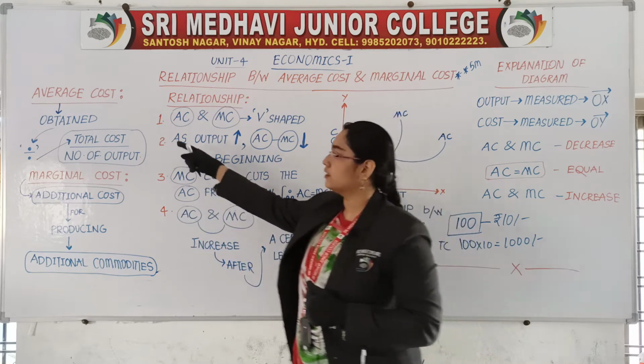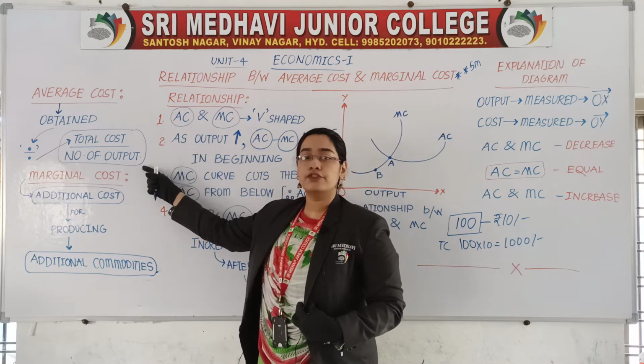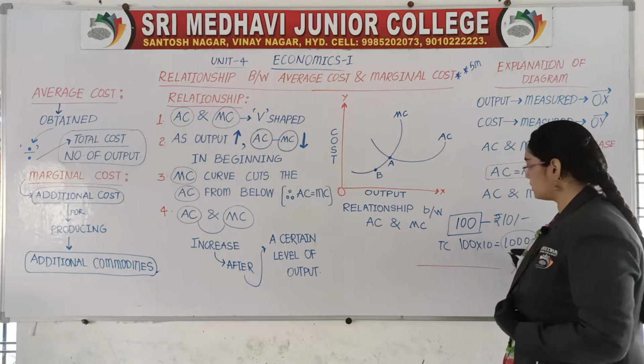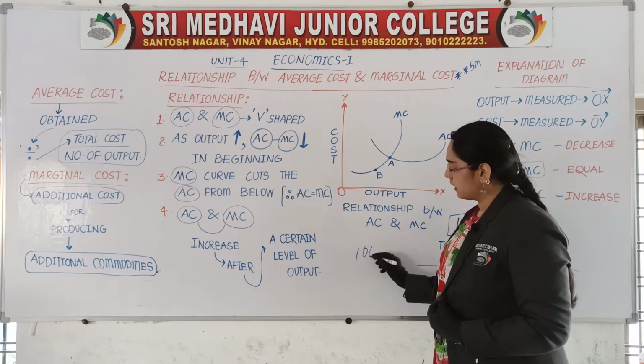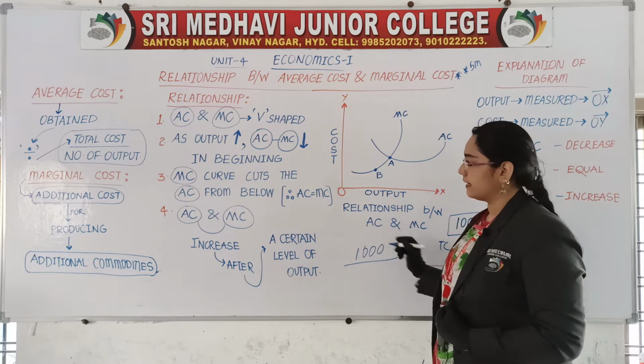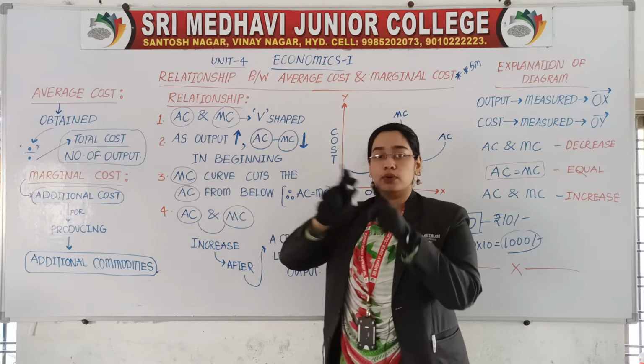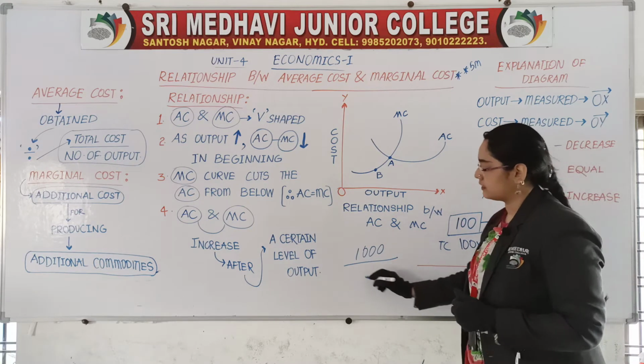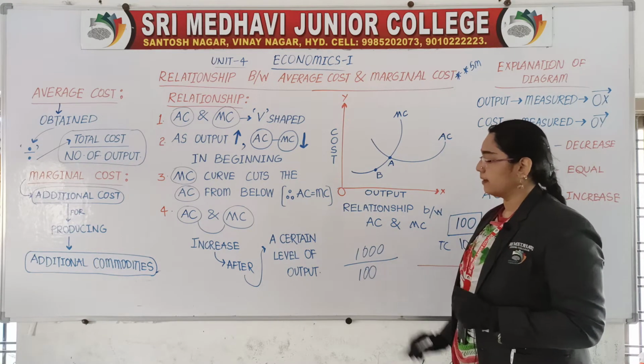Now let us substitute in that formula. What is the formula? Total cost by number of output. Our total cost is rupees 1000, so 1000 divided by number of output. Total how many chocolates we had? We had 100 chocolates. So 1000 divided by 100.